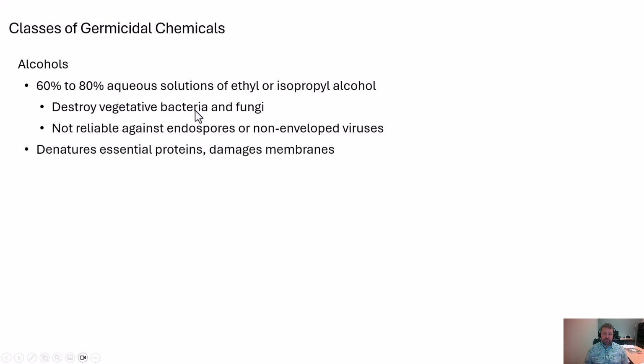A 60-80% solution of alcohol is fairly common in cocktails or in things that have a combination of different germicides. Straight up isopropyl alcohol also is used often. Okay, 91%, even higher than that, 99%.